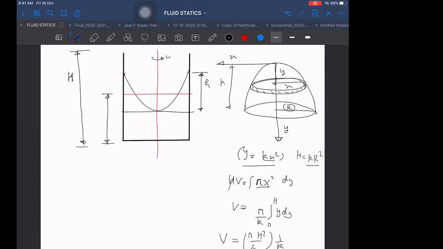Maybe the height of the water in the container is h naught. Now understand one thing: from here, if this height rises h by 2 up, then it will be going h by 2 down also.